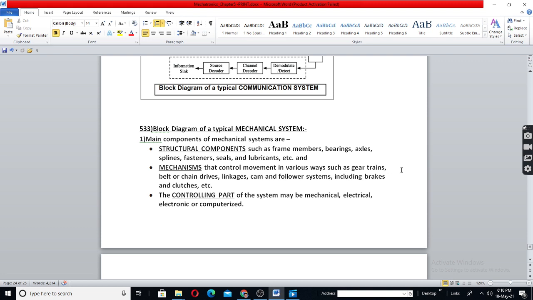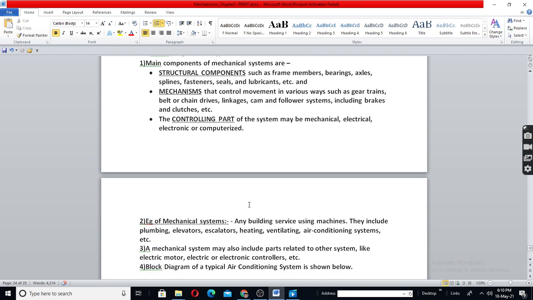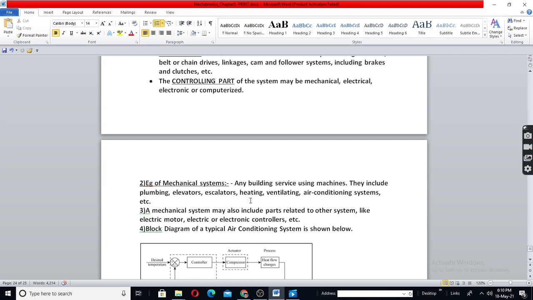You can have gear trains, chain drive, belt drive, linkages, cam and followers, brakes, clutches, etc. Controlling of a mechanical system may be mechanical, electrical, electronic, or computerized. You can have all these controlling parts. Examples, these.